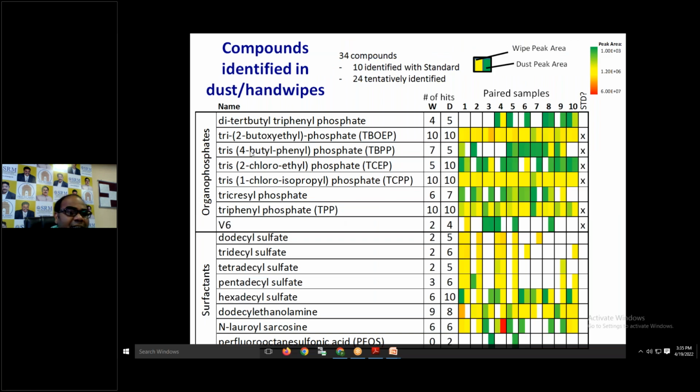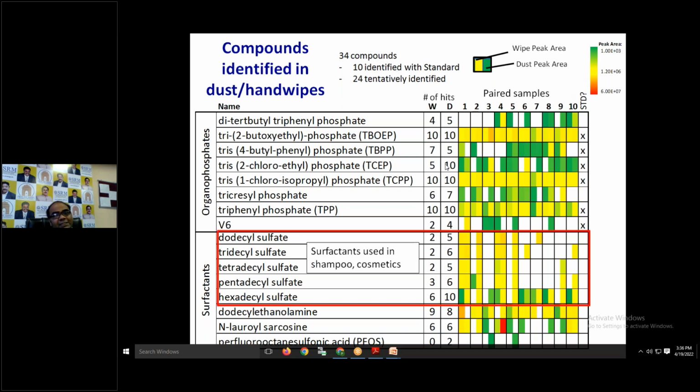Some of the compounds identified in dust and hand wipes, contaminants or exposomics, are tertiary butyl triphenyl phosphate, tricresyl phosphate, dodecyl sulfate, and hexadecyl sulfate.